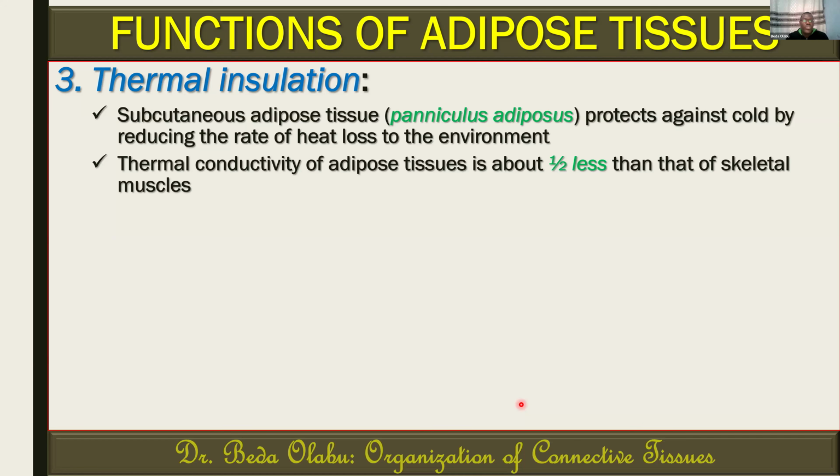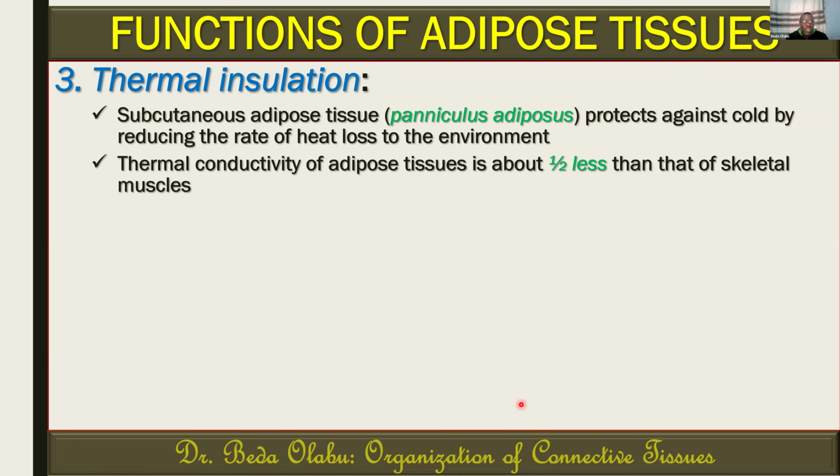From a physics point of view, it's important to note that the thermal conductivity of adipose tissue is about half that of skeletal muscle, meaning that adipose tissue does not conduct heat easily compared to skeletal muscle.